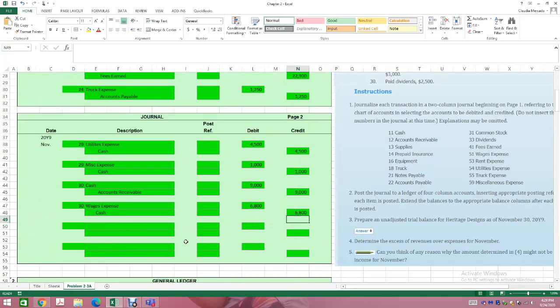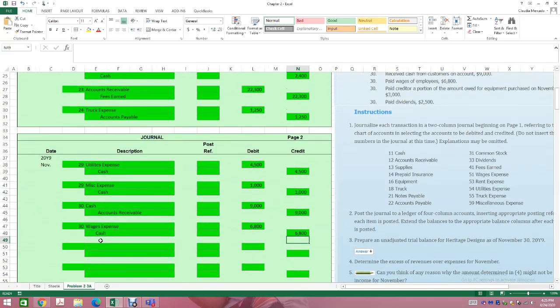So on the 30th, you paid a creditor a portion of the amount owed, $3,000 for the office equipment. So accounts payable gets debited for the $3,000.